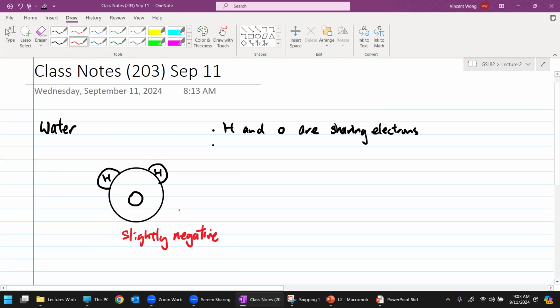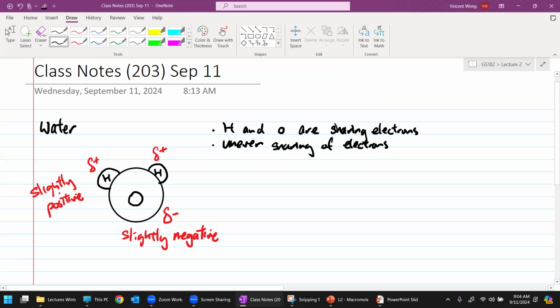Okay. There's a symbol for slightly. It's like an 8, but you never finish it. So slightly negative. And then these are slightly positive. So even though they are sharing, it is an uneven sharing of electrons.